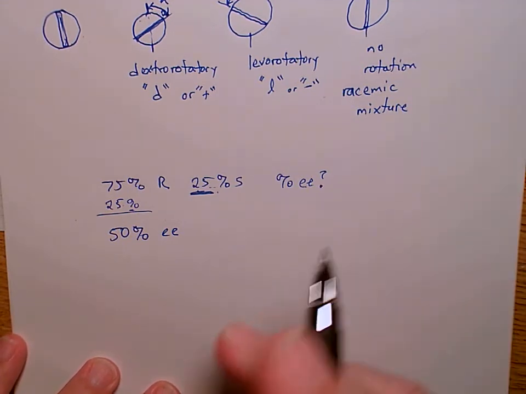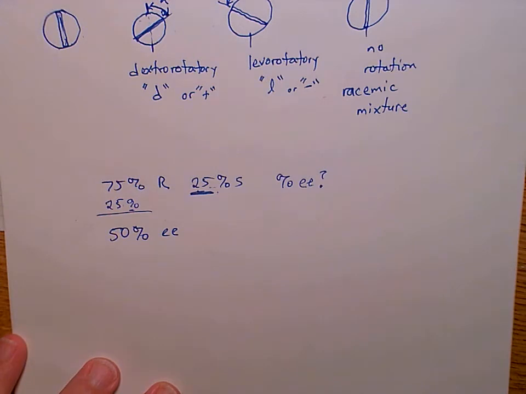Enantiomeric excess is how much you have of that isomer more than a racemic mixture.